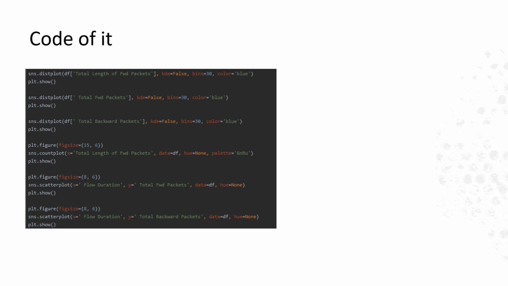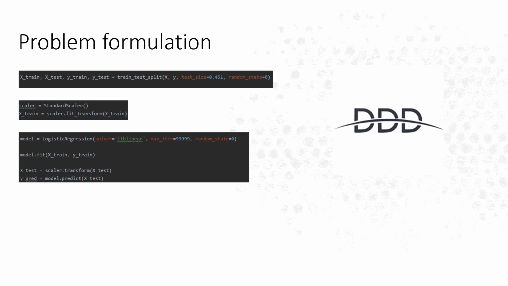Code of it, as you can see, I used matplotlib to visualize it, and I picked a few attributes to make it. Problem formulation. First of all, before training the model, we have to split the data, as I mentioned before, like xtrain, xtest, ytrain, and ytest. We use sklearn train test split, and we pick a test size of 0.45.